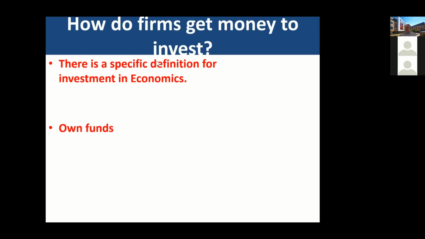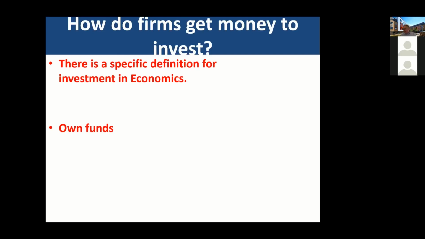When we talk about investment in economics, we specifically mean, and I'll give you the definition, investment is the purchase of capital goods by firms. So, to put it in more layman terms, investment is when firms buy more machinery, buy a new office, expand their business.